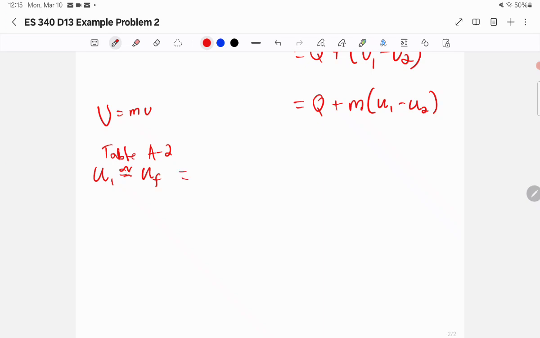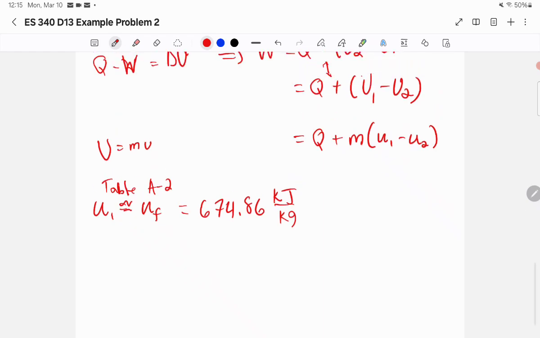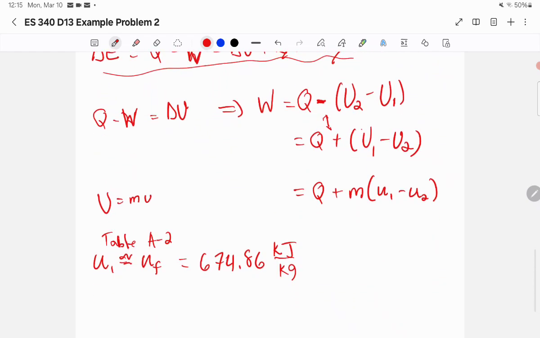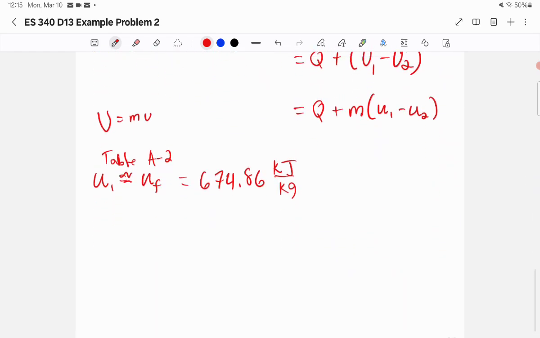So this value is going to be given by, reading off the table here, 674.86 kilojoules per kilogram. Okay, and that's my U1.